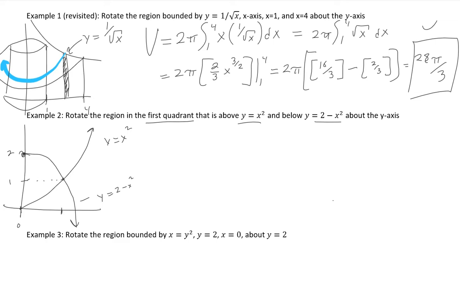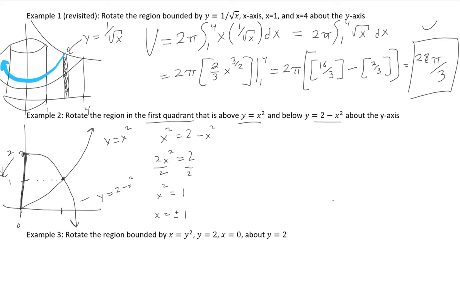The y-axis is easy. So I say x squared equals 2 minus x squared. Add x squared to the other side, I get 2x squared equals 2. Divided by 2, I get x squared equals 1. So that means they hit at plus and minus 1. So 1 here, and also would hit on the other side of the y-axis. But we only care about the first quadrant, so we're bounded by this region.